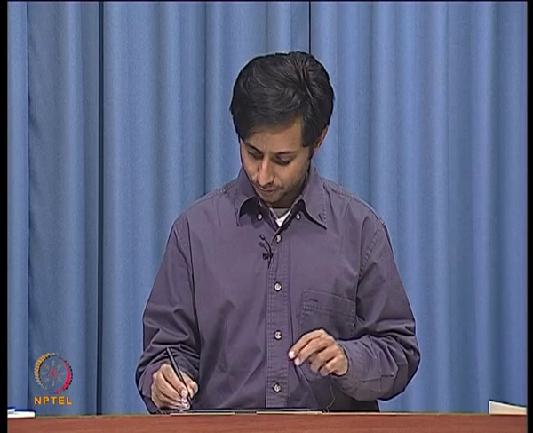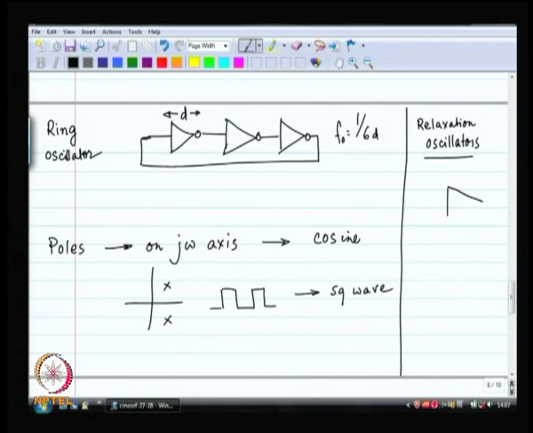So, for relaxation type oscillators you usually use some kind of a, so I will just draw an example of a relaxation type oscillator. So, I am going to use a Schmitt trigger.